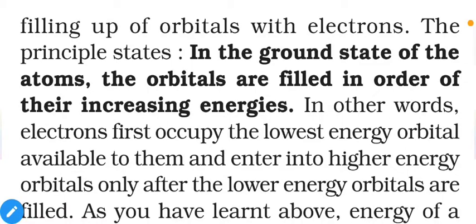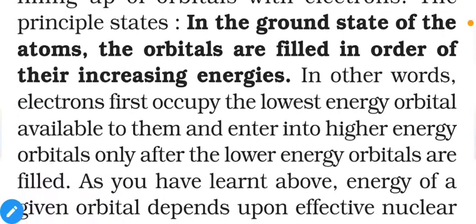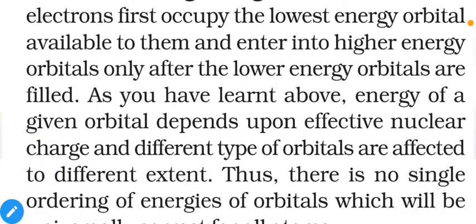If you have lower energy orbitals, they will be filled first, and if completely filled, then higher energy orbitals will occupy electrons. In other words, electrons first occupy the lowest energy orbital available to them, and then enter into the higher energy orbitals only after lower energy orbitals are filled.